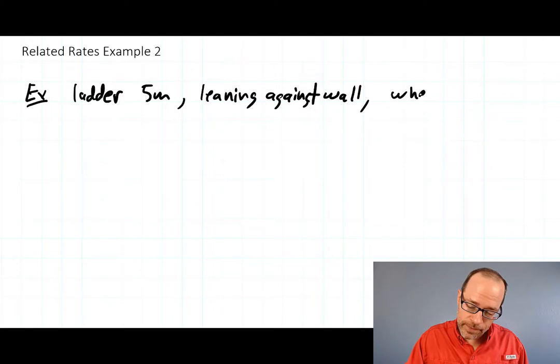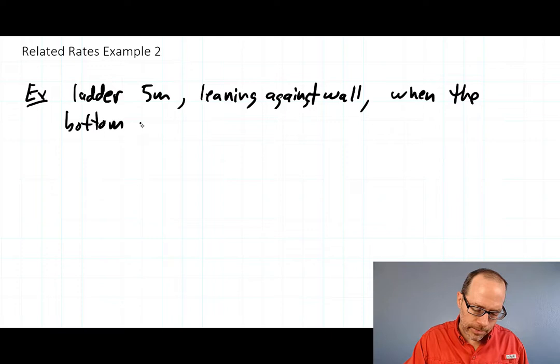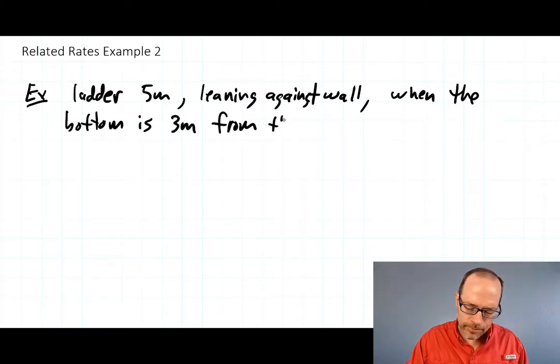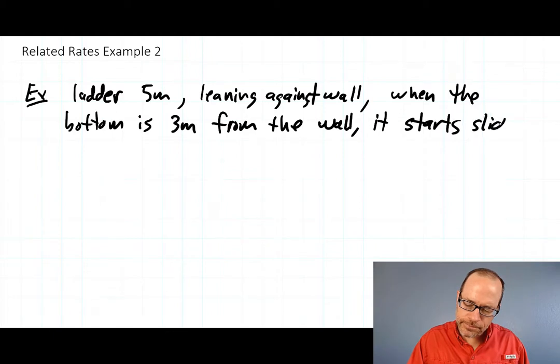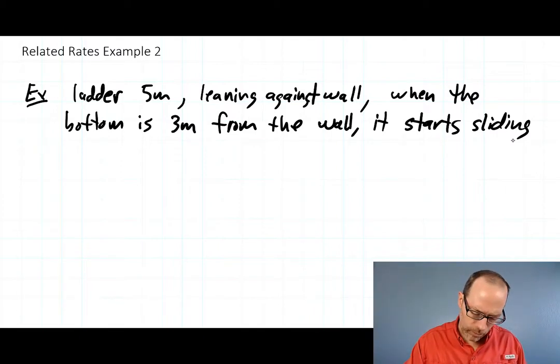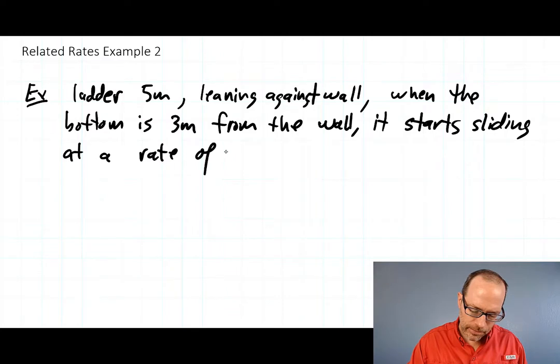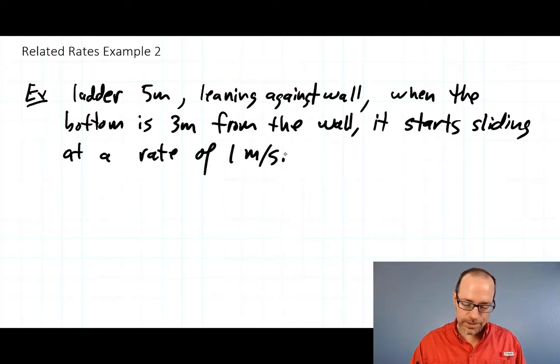So when the bottom is 3 meters from the wall, it starts sliding at a rate of 1 meter per second. And the question is, for the poor person standing on the tip of the ladder, how fast is it falling?